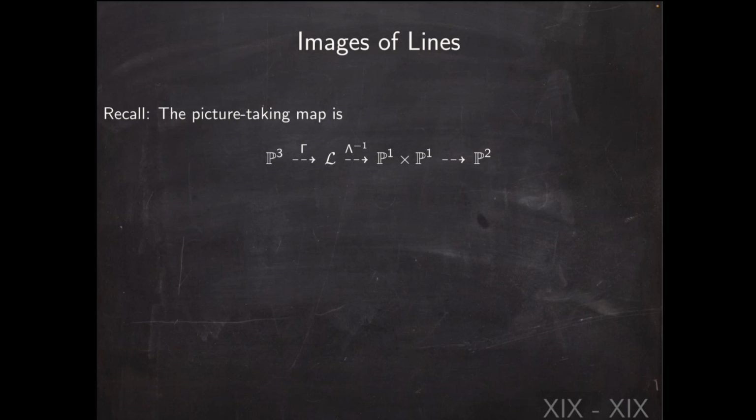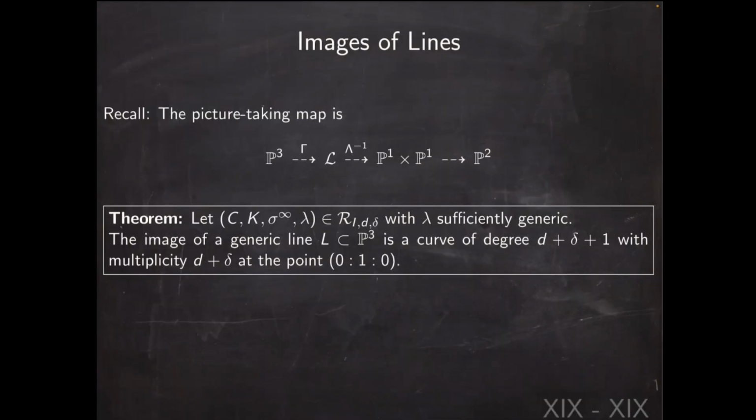And the question is, what does it do to lines? Because on the propeller slide, at the very beginning, I showed you that lines get mapped to higher degree curves. And now that I have the space of cameras, the question is, what happens to the image lines?